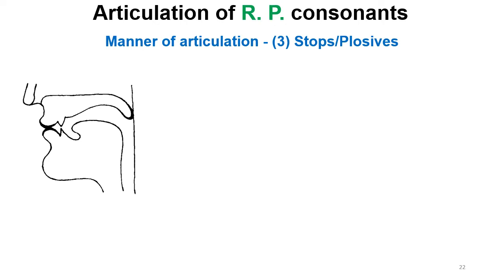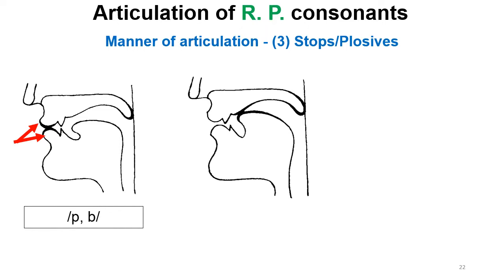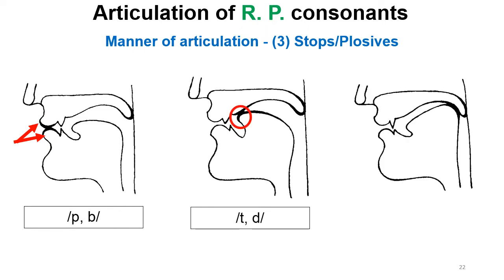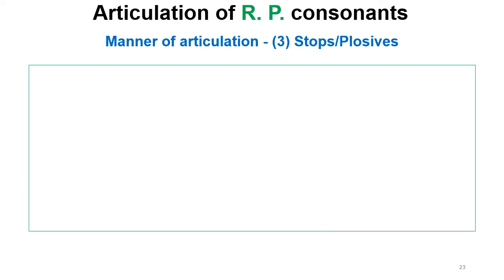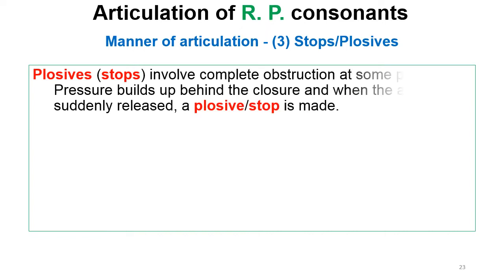We have 6 plosives in English: bilabial p and b, alveolar t and d, and velar k and g. To produce a plosive or a stop, we block the air or obstruct it completely at some point. Pressure builds up, and then suddenly we release it. That's where you have plosives.